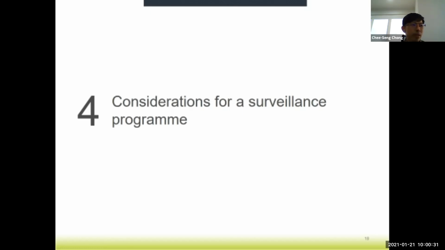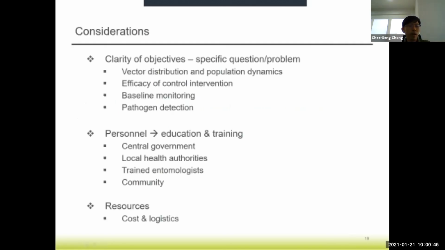Now let me touch on the considerations for a surveillance program. I think this is something of a lot of interest and importance to many of you here. So just to share some of the key points that I have here, we'll touch on them slowly. One of the key considerations is to really understand what you want in a program itself. What are the specific questions and objectives that you are looking at?